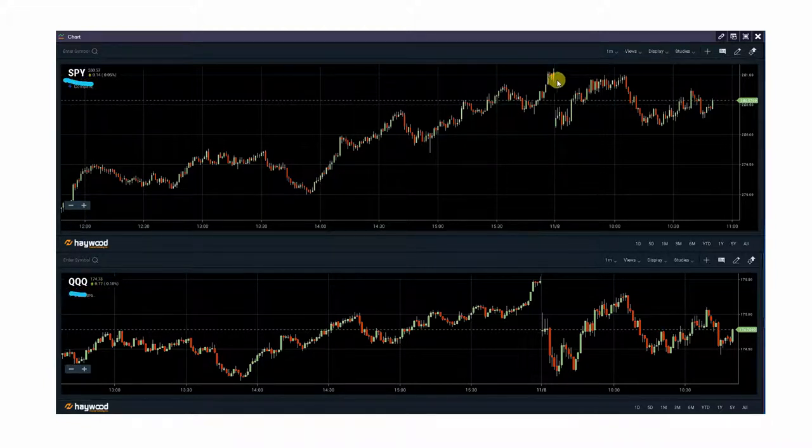As we can see here, when the market gaps lower from the previous trading day, you can see all the indexes are gapping lower. As they move up and down during the day, you can see a very similar pattern taking place within all the major indexes. Using this information can help you understand how to position yourselves to trade individual stocks within the markets.